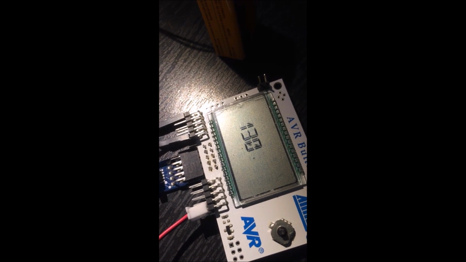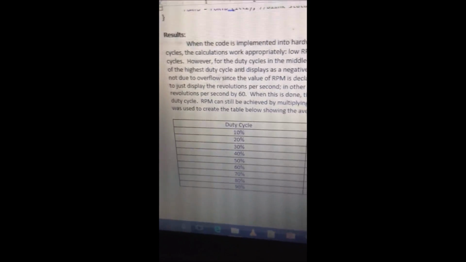So then I would take that average, I don't know, about like 140, and multiply it by 60, and that's how I got the next value in the chart for a 20% duty cycle. Okay, so it was 20.